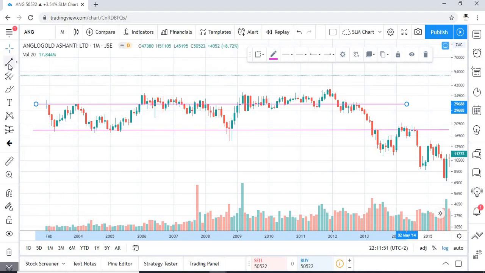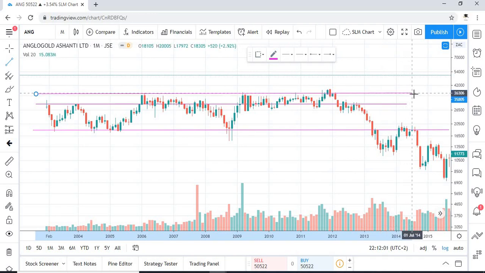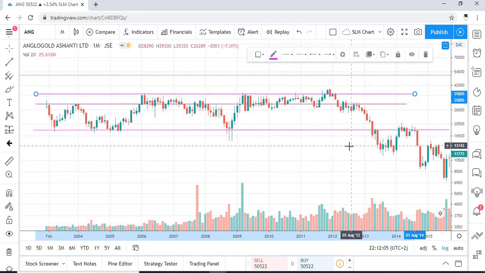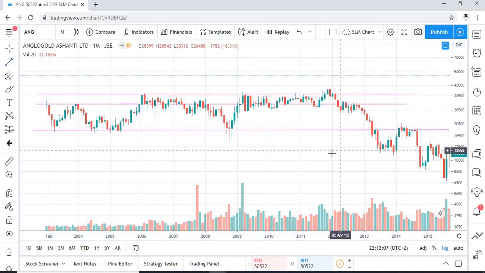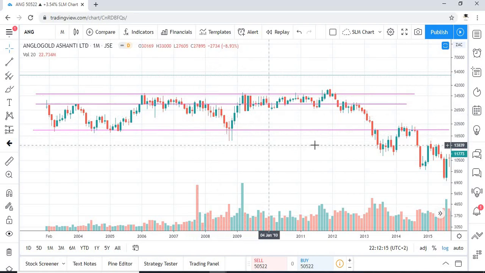So I would want to put another line close to that one. I'm going to put it at that level there. So I'm going to have those 2 points that I'm tentatively marking as areas where I can expect some resistance or support in the future.